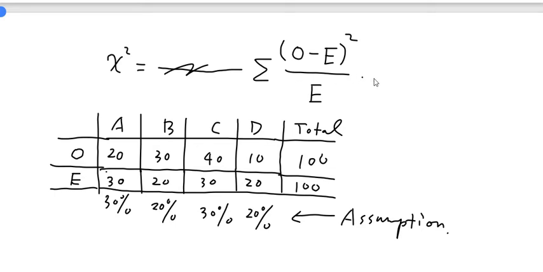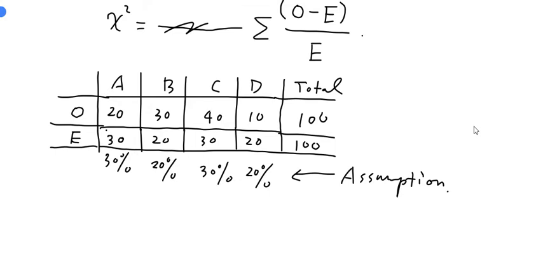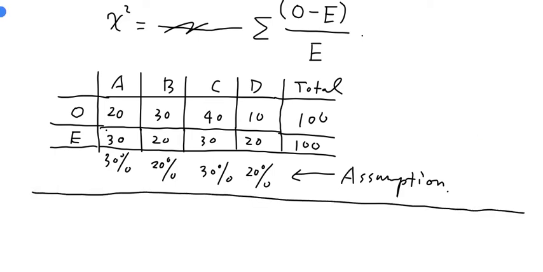We say this follows the chi-square distribution. Okay. So we already know those things; in Applied Stats 1 or Applied Stats 2, we already know how to use those tables.